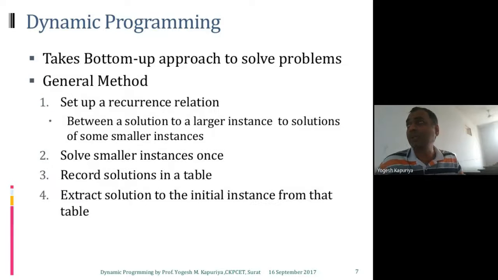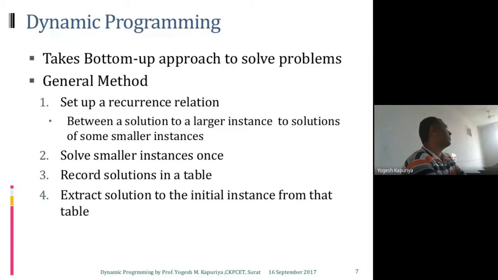So now let us go through this. Basically, dynamic programming is an approach which takes the bottom-up route to solve anything. So basically, the general method is you will first build a recurrence relation between the solution to a larger instance and the solution of some smaller instances.